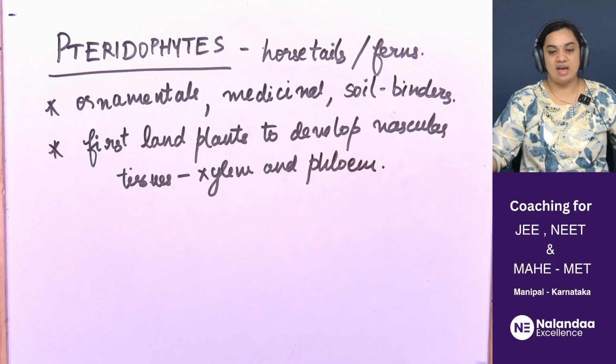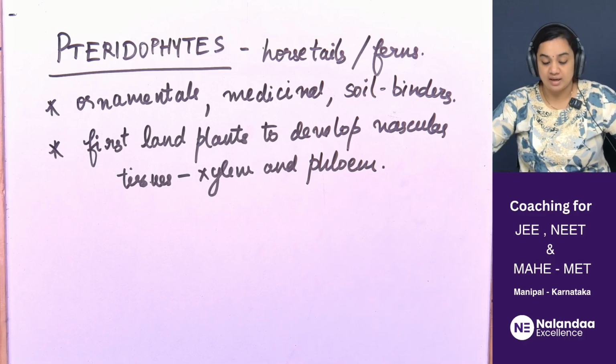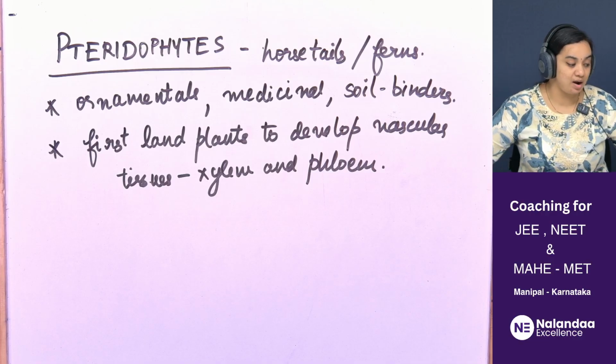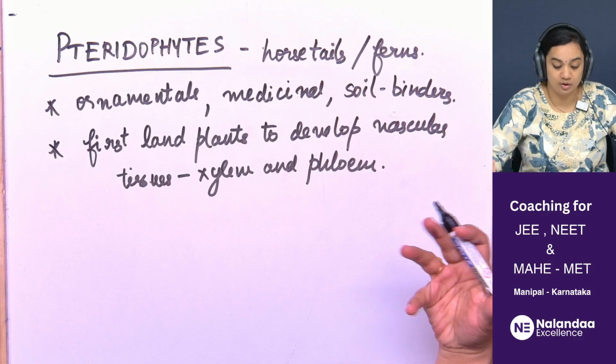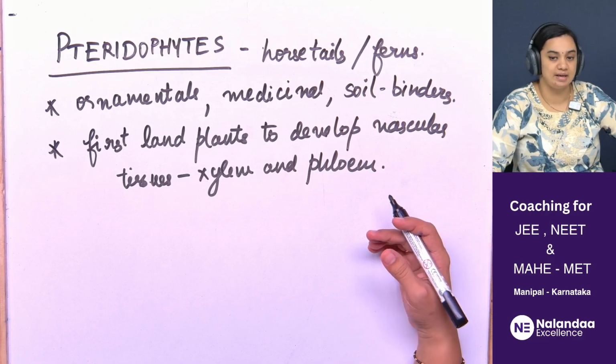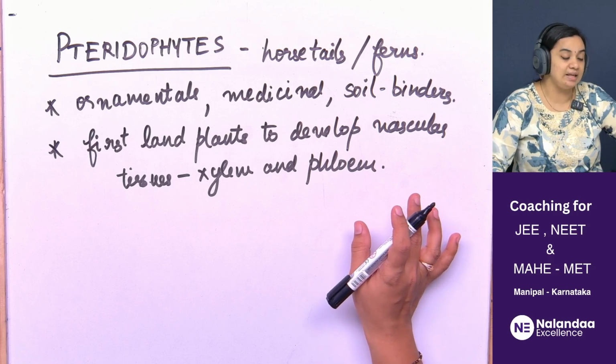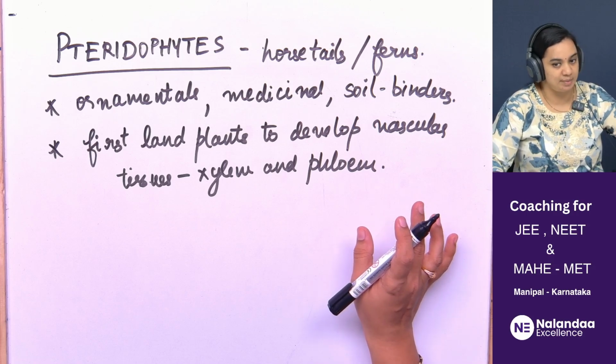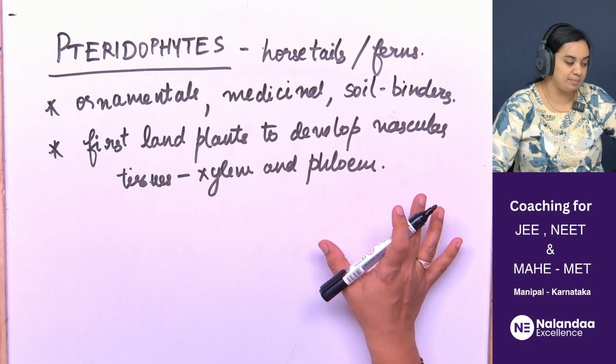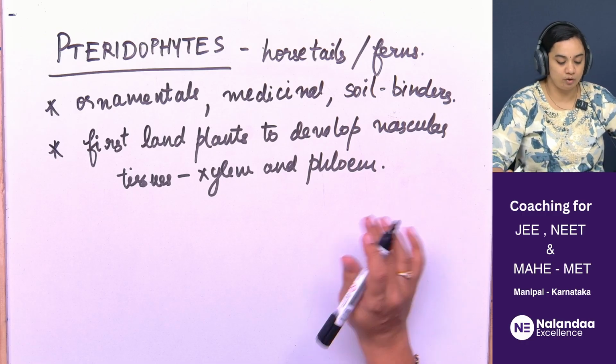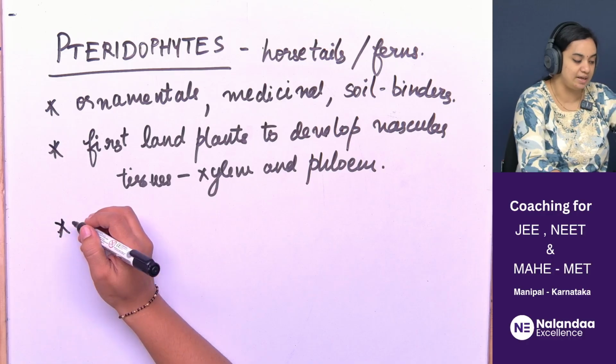Okay, so evolutionarily, pteridophytes were the first land plants to evolve vascular tissues like xylem and phloem. Up until now, in algae and bryophytes, we did not see the presence of xylem and phloem, but this group has that. Pteridophytes are the first plants to have xylem and phloem.